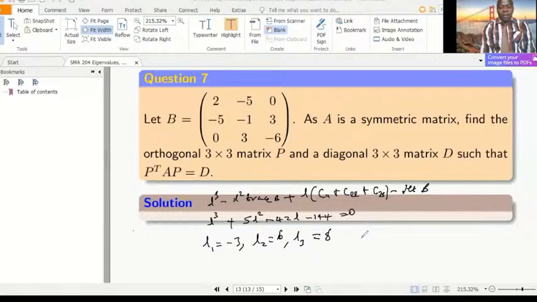Now, what did I find the eigenvectors to be? I found that the eigenvector when the eigenvalue is -3 is 1, 1, 1. Then I found the eigenvector when lambda is 6 to be -5, 4, 1.